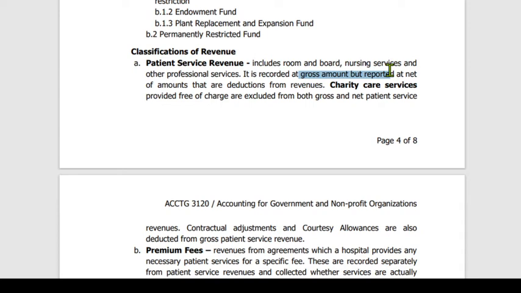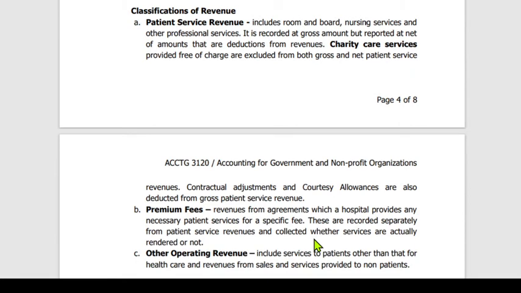So under the charity care services, merong mga some deductions to the patient service revenue. Diyan, na later on we will encounter under the illustrations on module 5.2.